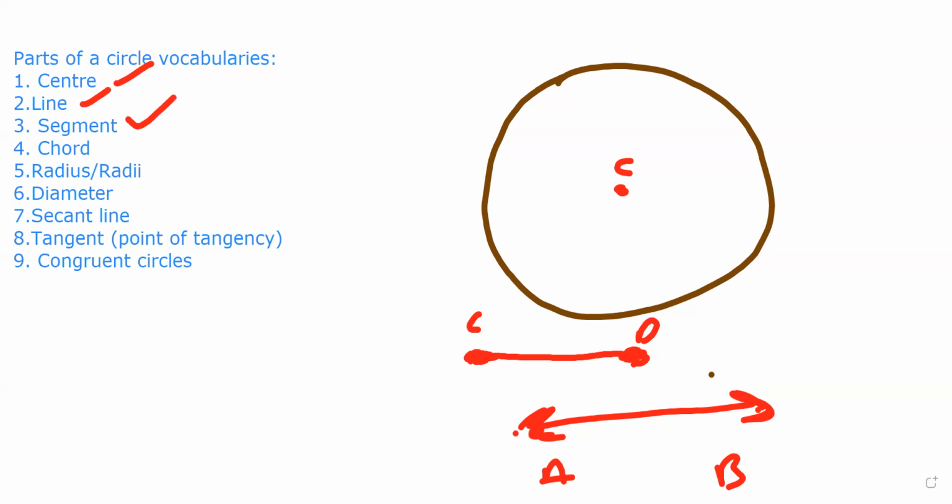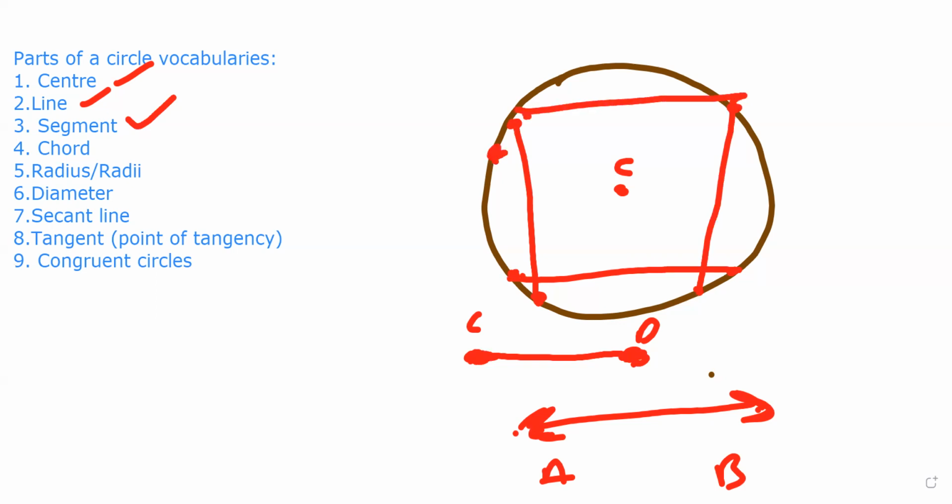Now, what's a chord? A chord is a segment whose endpoints lie on the circle. I could have drawn my chord another way. I could have drawn it like this too, or like this, or like this.